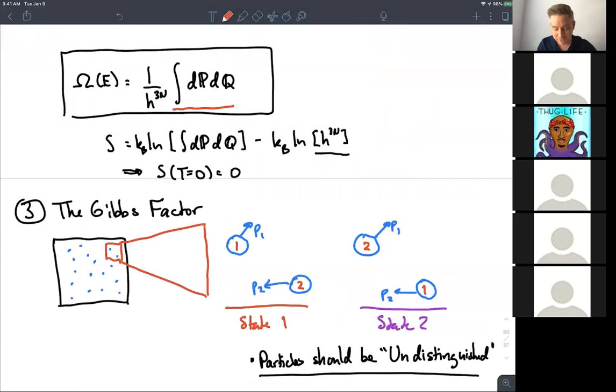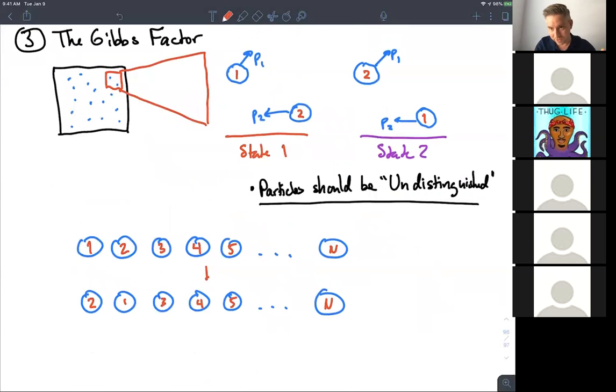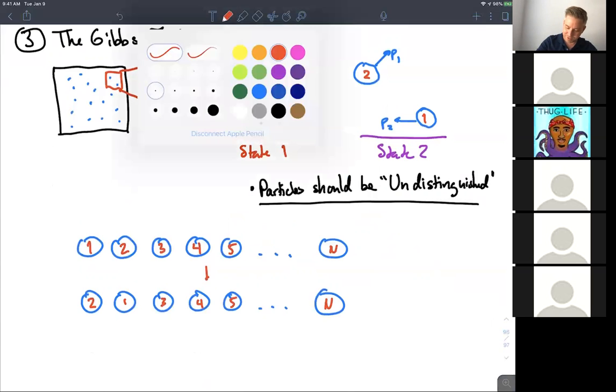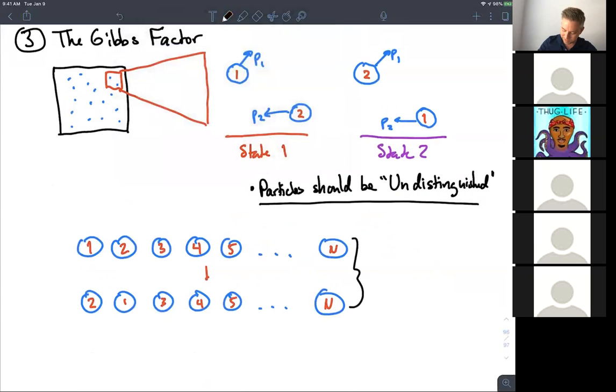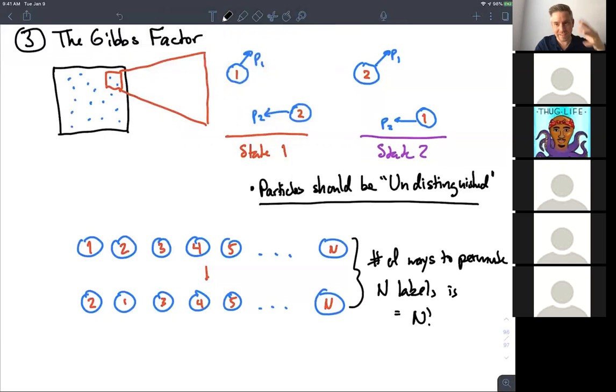So in other words, what we need to do is to calculate how many different ways there are to permute n labels, and then divide our density of states by that permutation factor. And it turns out, as I'm sure you're all aware, the number of ways to permute n labels is equal to n factorial. And it's relatively easy to see that that's the case.